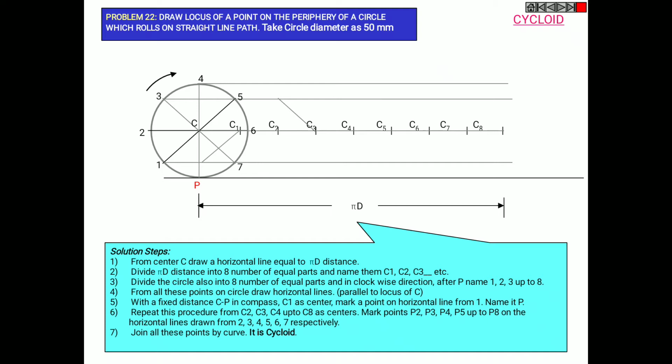Mark the points as P2, P3, P4, P5 and so on to P8 on the horizontal line drawn from 2, 3, 4 to 8 respectively.